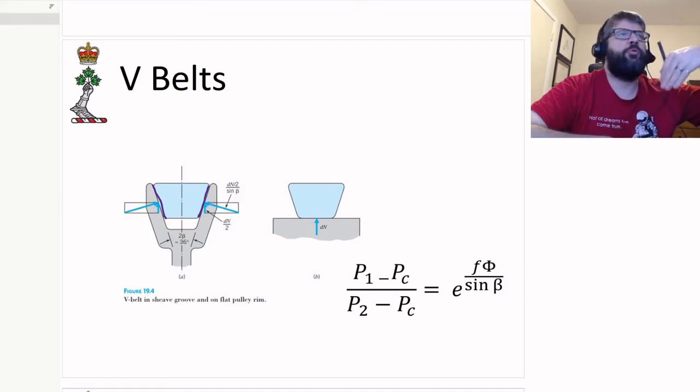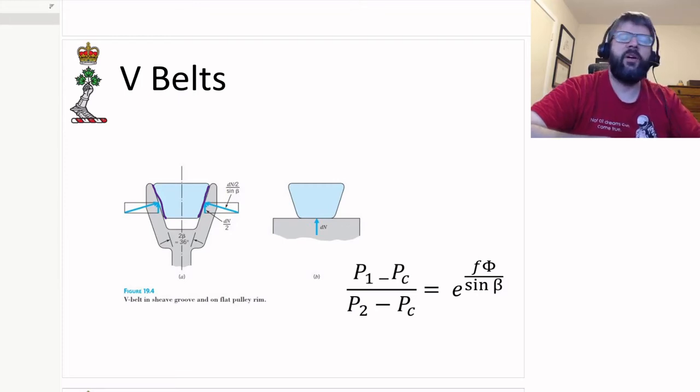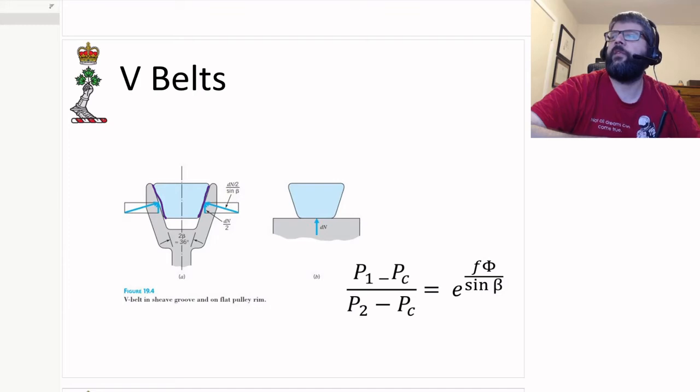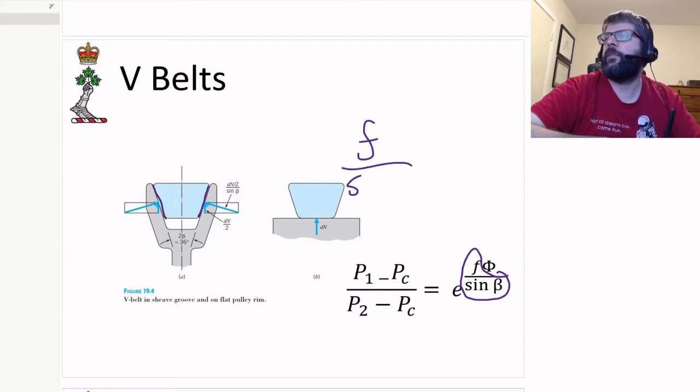As it gets wedged in there, we've got more normal force, which means more friction. So it changes our friction relationship. What it actually does is change our effective coefficient of friction. So our coefficient of friction becomes f, the usual coefficient of friction, divided by the sine of beta, where beta is this angle here.